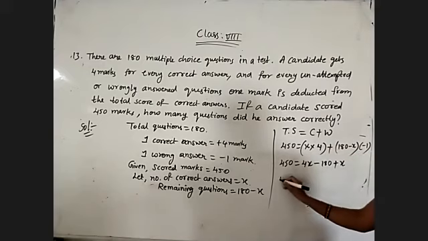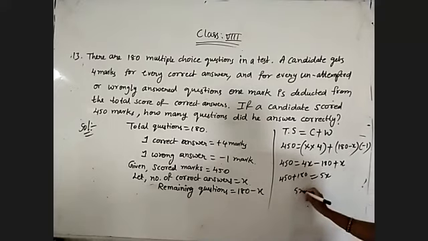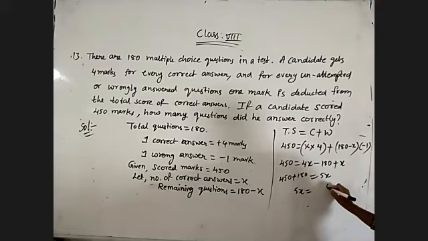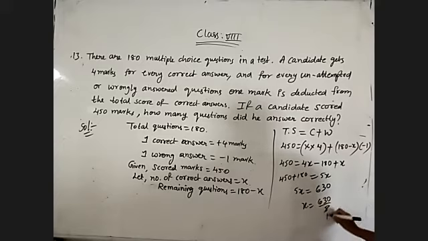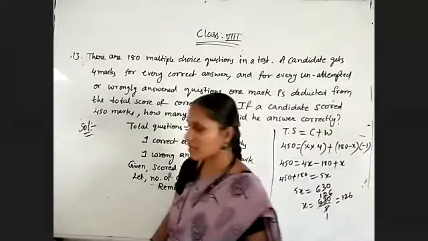So 450 plus 180 is equal to 4x plus x, that is 5x. So 5x is equal to 630. So x is equal to 630 by 5. 5 ones are 5, 13, 5 twos are 10, 5 sixes are 30. So x is equal to 126. That means he wrote 126 correct answers.